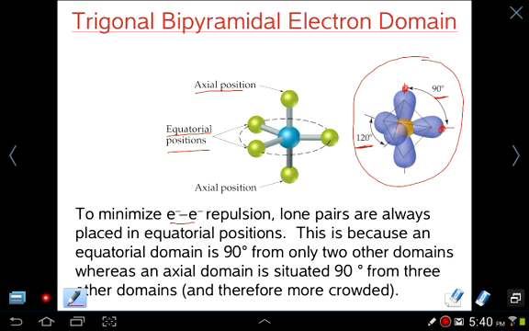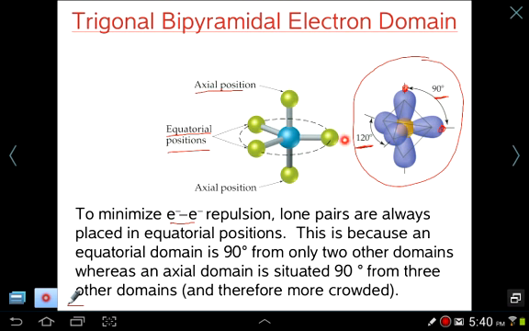It is important to see that one of these positions is actually more crowded. Here it says that lone pairs always are placed in equatorial positions, and this is because the equatorial position is less crowded. One of these atoms is actually further away from all the others. One of these guys, you can say, is close to 3 atoms by 90 degrees.